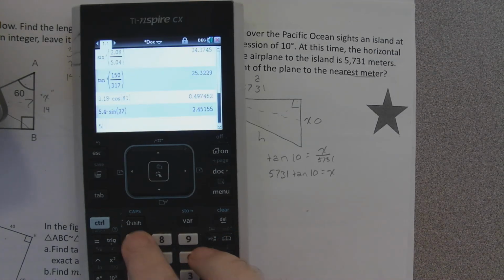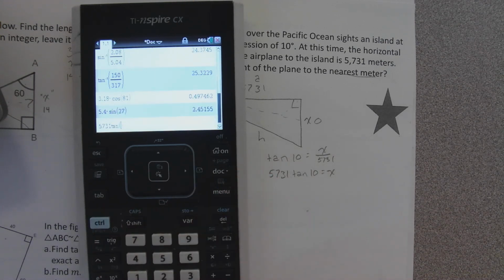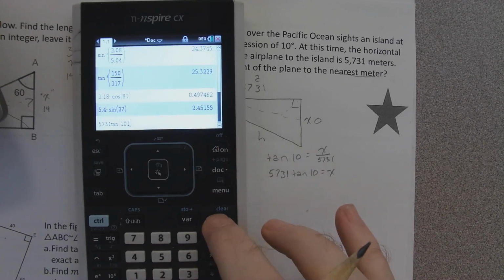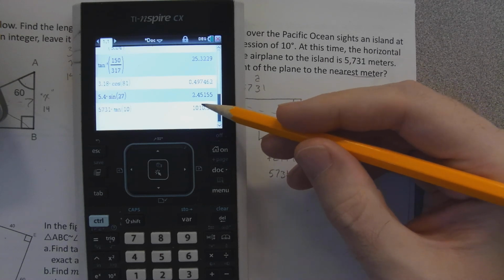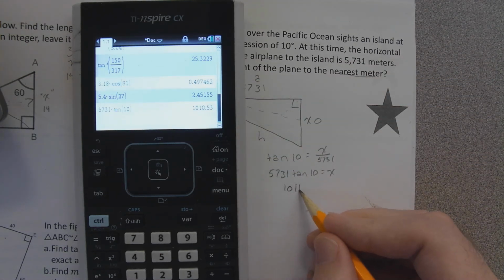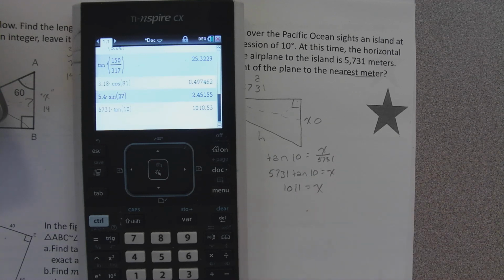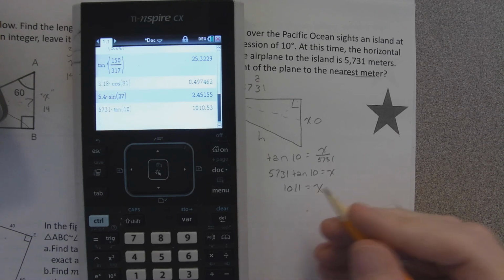So 5731, trig over to tan, 10, not 101. Press enter. The 5 makes the 0 go up. So 1011 is x. So 1011 meters. And that's the answer.